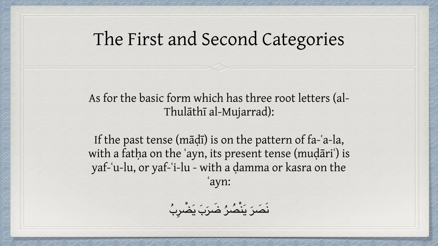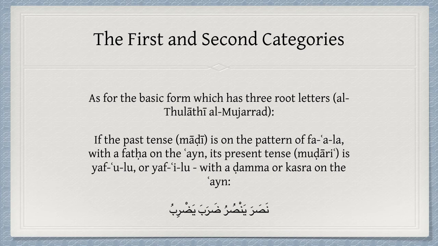But if you look at the next word, daraba, in the past tense the ayn letter has a fatha on it. But the ayn letter in the present, the ra, has a kasra. Daraba yadribu. It's not daraba yadrubu. It's nasara yansuru, daraba yadribu.